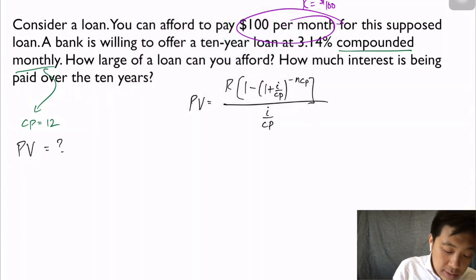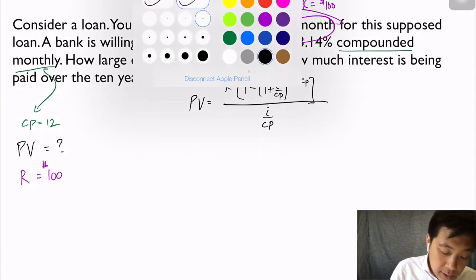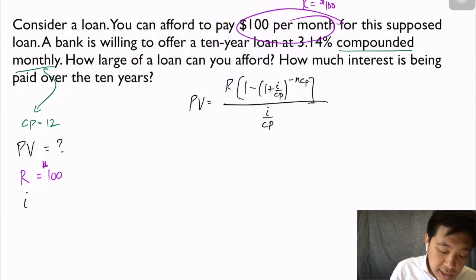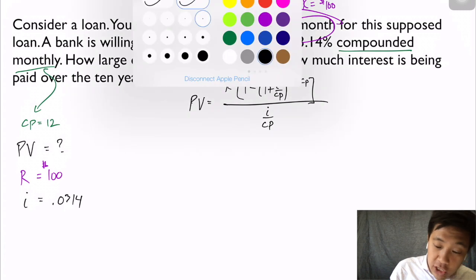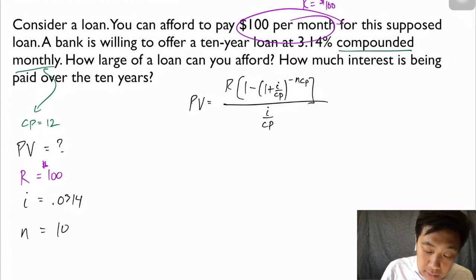R is $100. The interest rate, I use the same one just for simplicity's sake, 0.0314. And the time here, I changed to just 10 years, so think of it as a short-term loan.